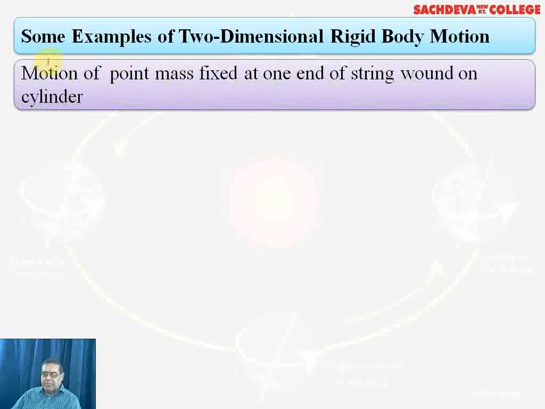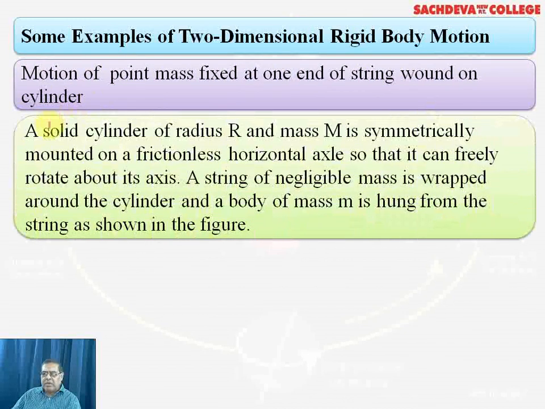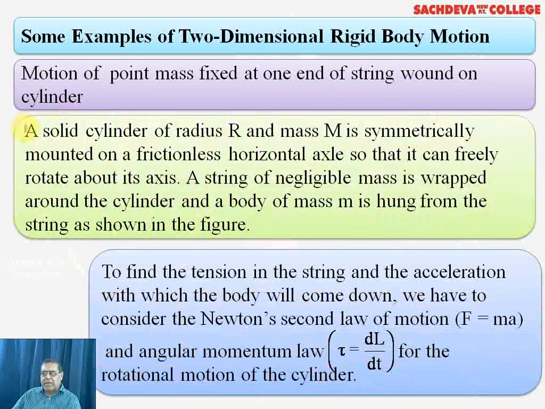Now the first example is the motion of a point mass fixed at one end of a string wound on a cylinder. So we consider a cylinder, and on the cylinder there is a mass wound with the help of a string. Exactly the cylinder will be shown, but its cross section, that is the two extremes, will be in the form of a circle.